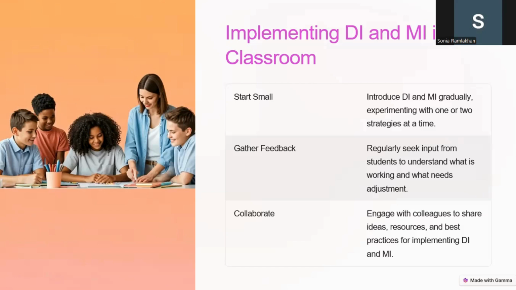Plus, we have collaborate. Working with colleagues can provide valuable insights and resources for implementing DI and MI. Sharing strategies, materials, and success stories helps build a collaborative learning community that can support diverse learners.